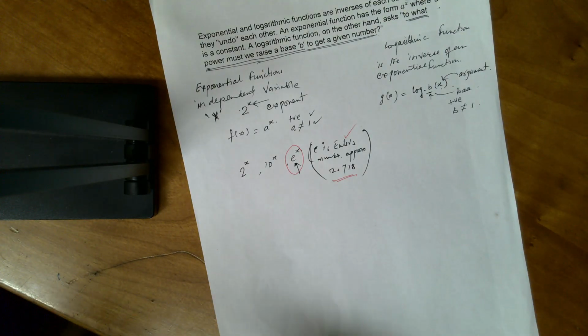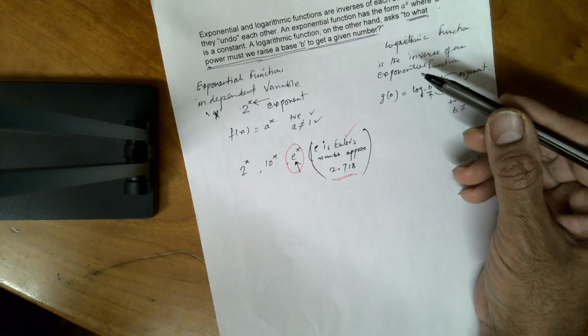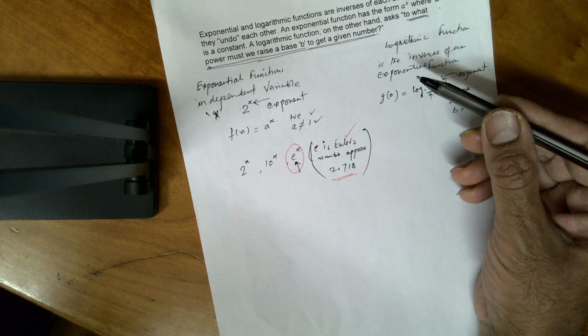Now the logarithm function is, in other words, undoing the exponential function.